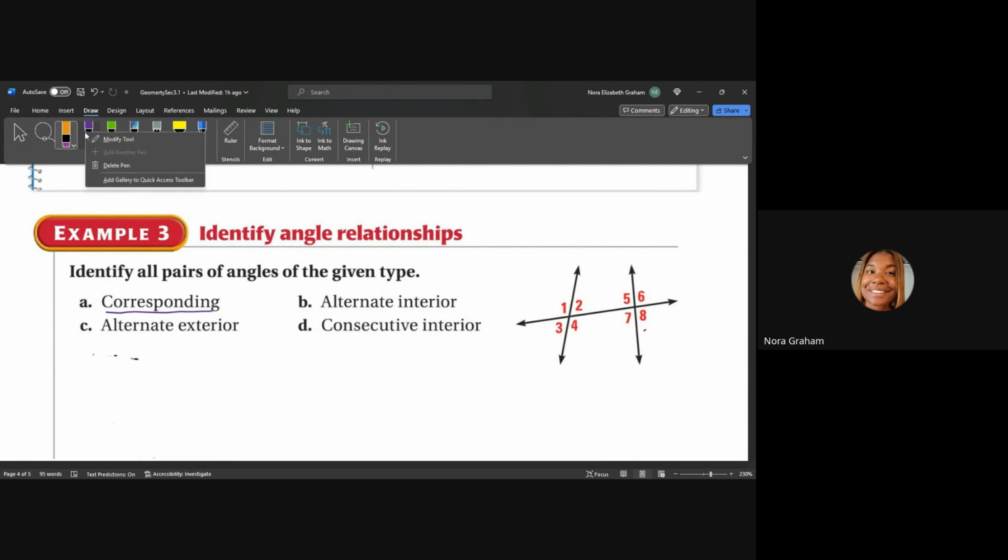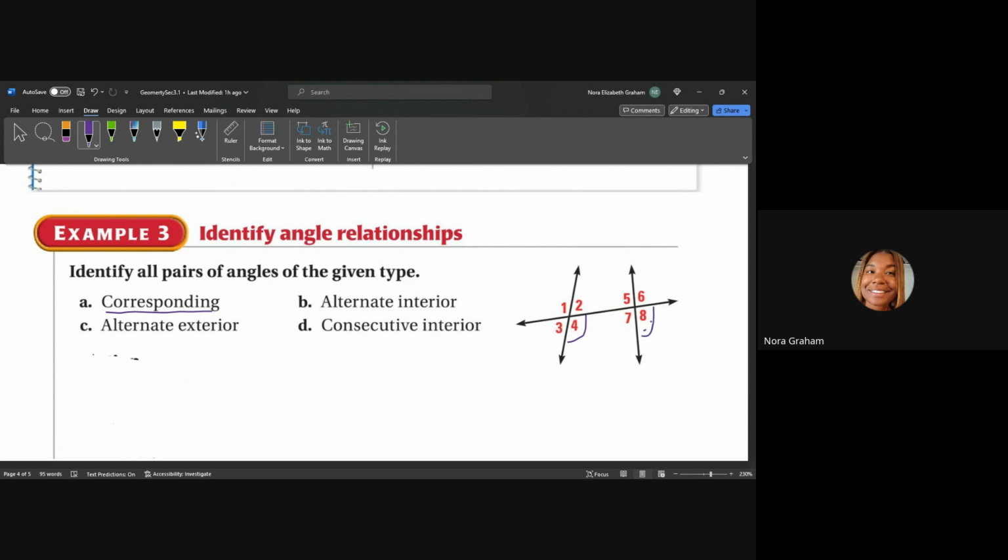So another would be 2 and 6, corresponding angles. And then another pair of corresponding angles would be 4 and 8.